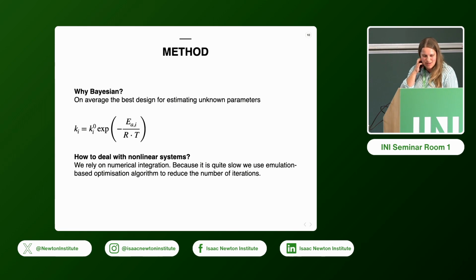Why did we decide to be Bayesian? Because most of the practitioners, as I mentioned, just select one parameter value and optimize temperature for that. And if you look at the way that this Ki is parameterized, those two are interacting. So if you select one of them and optimize T, and then select a different one, it can be quite a different optimum.